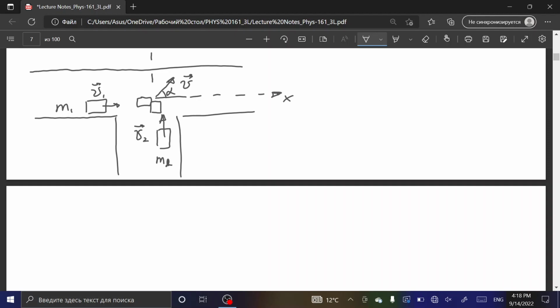Obviously here we also have axis y. So what do we do here? Let's see what we have for axis x. Initial linear momentum along axis x, what is that?